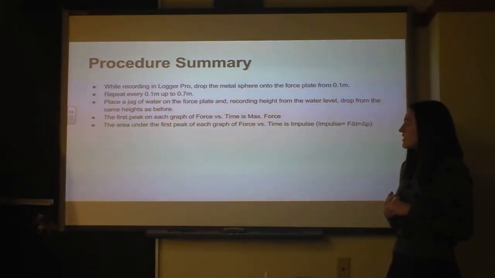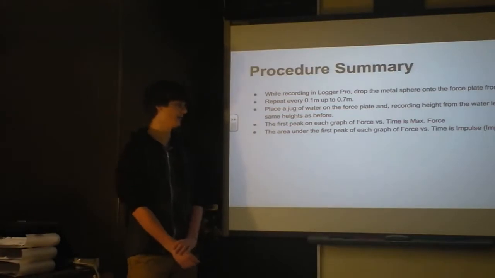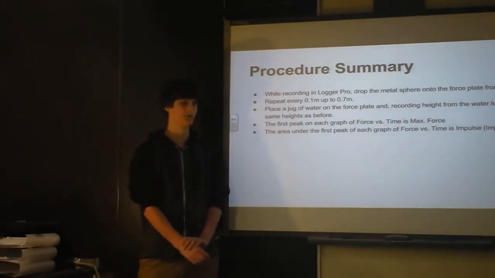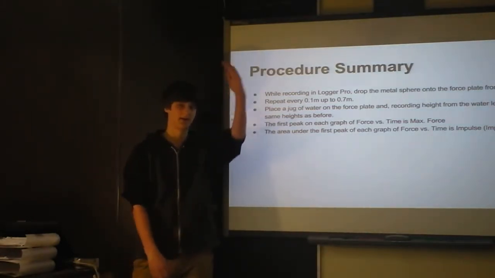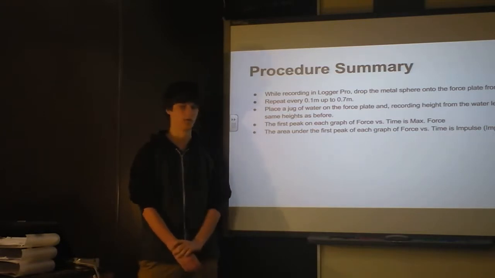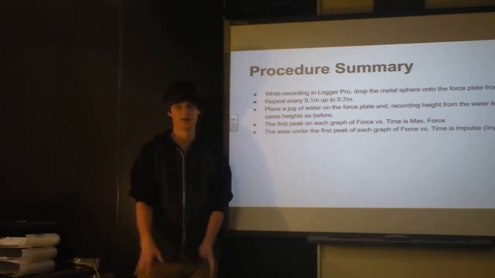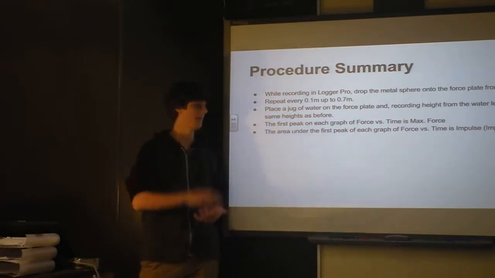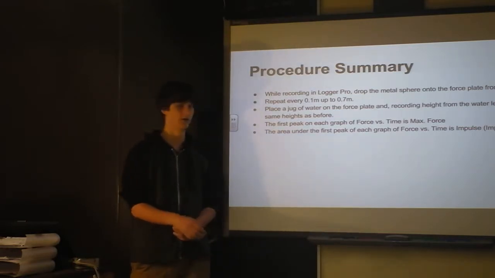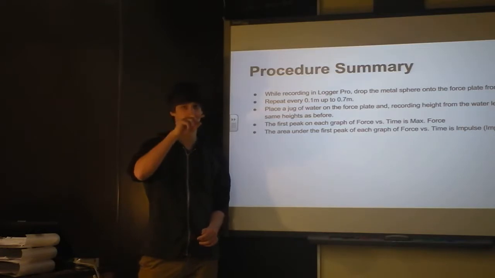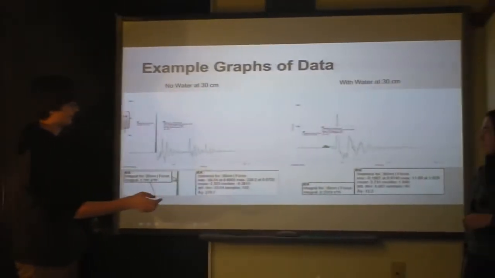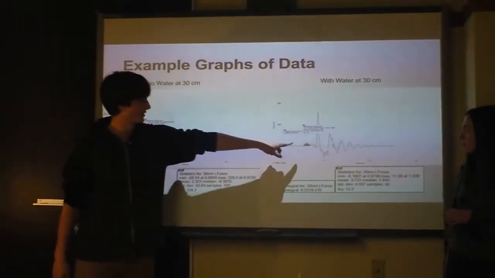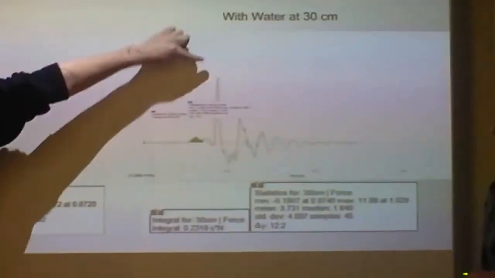On the next slide is just going to be graphs. The first peak of each graph is what we used for max force. We used the top of the peak. For impacting just the force plate, the highest one was the first one. But for water, there was this short one, and then the big one.